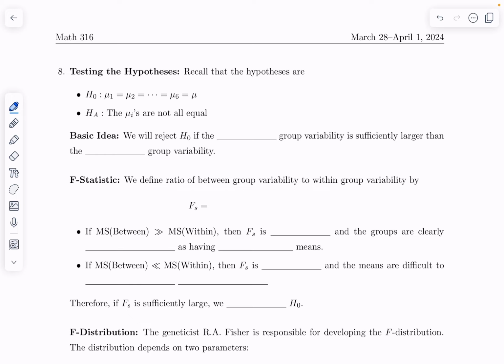Okay, so I think I wrote the mu sub i's are not all equal, but what I mean here is at least one population mean, or one group mean, I guess is the way I'm going to write it. One group mean is different from the others.